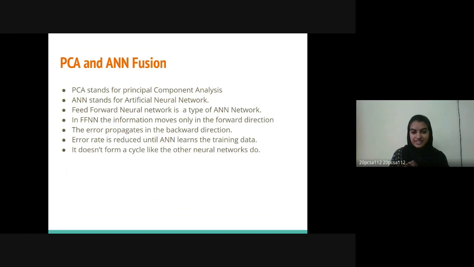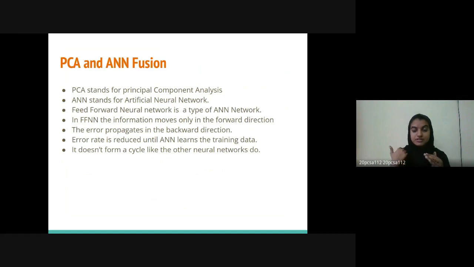The other one was ANN, which stands for Artificial Neural Network. A feed forward neural network was what was used initially. It's a type of ANN that only moves in the forward direction and doesn't go around in cycles like the general artificial neural networks do.